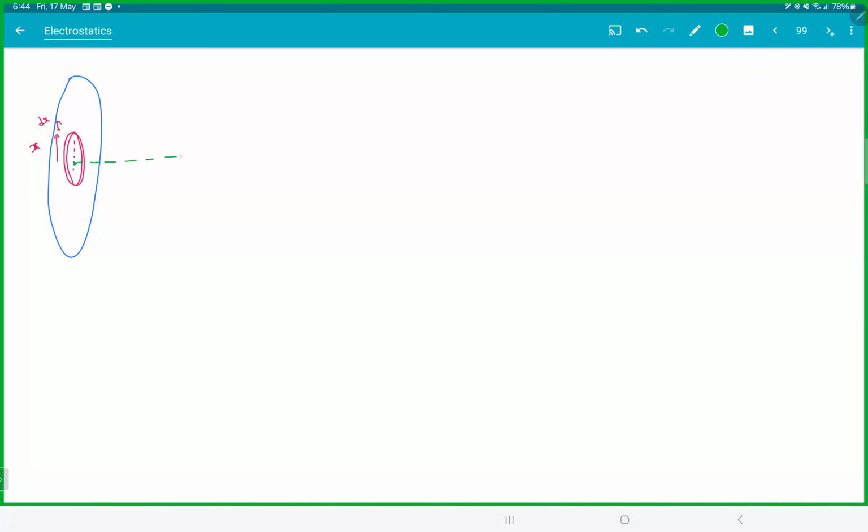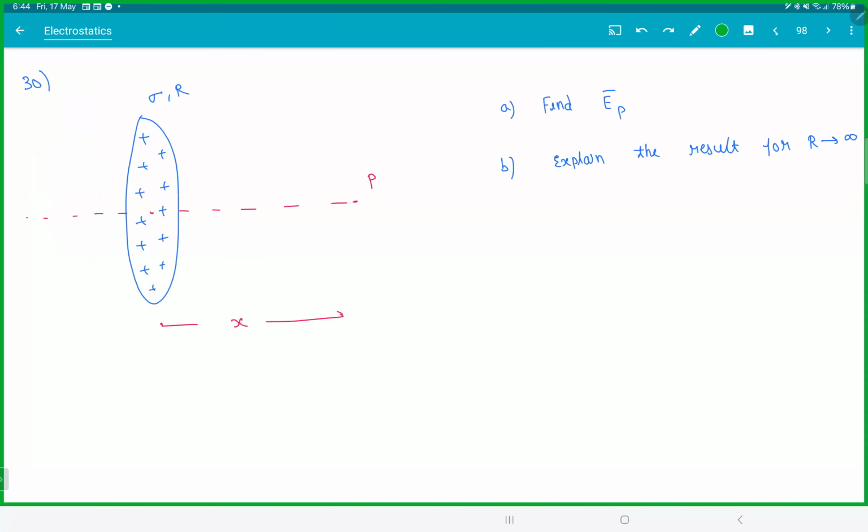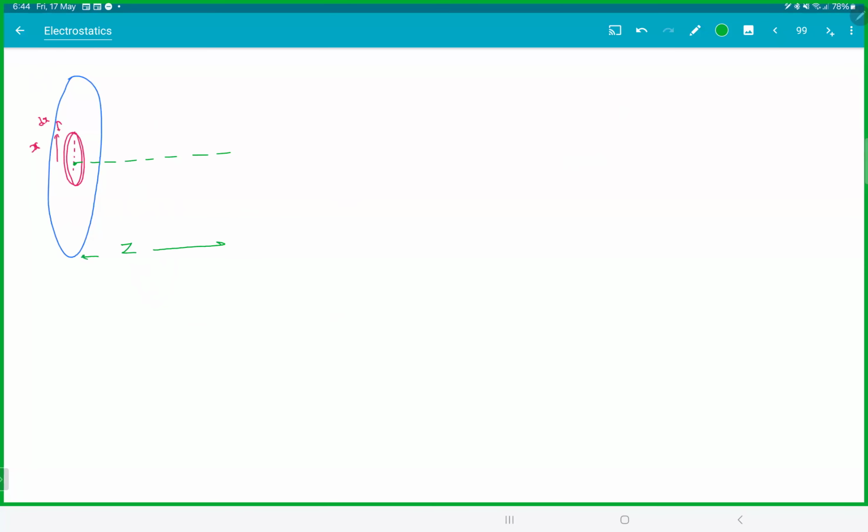Let this distance be some z. Did I give this as x? Let this be x only. Let this be some z, and this is some dz thickness. So charge on the ring is sigma 2 pi z dz.